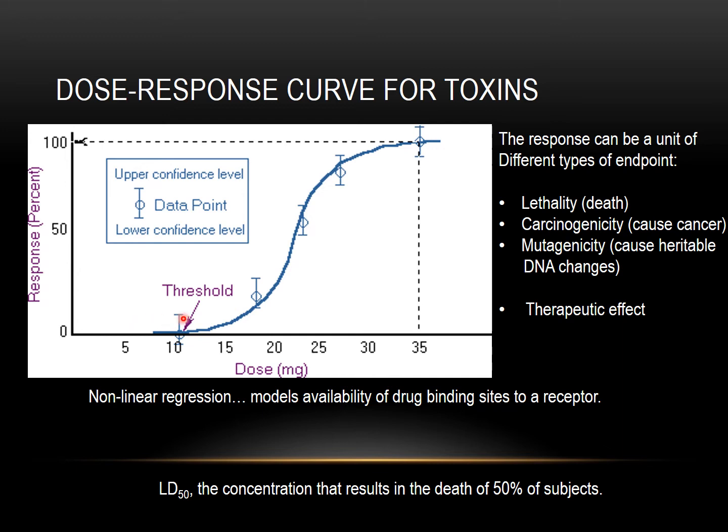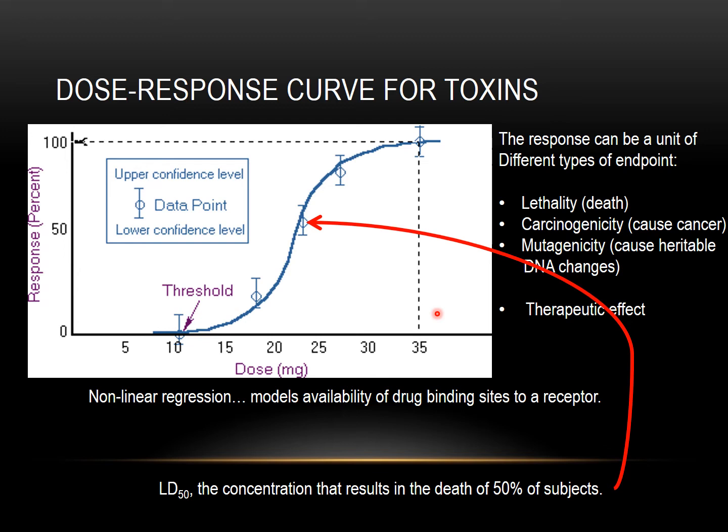And as we move up the line, we start seeing that more and more individuals from our test population are starting to exhibit symptoms or exhibit the response, to the point here in our example where at 35 milligrams, at the end of our experiment, 100% of the organisms in our population are displaying symptoms or showing the response that we are testing. If we're looking at the toxicity of a substance, we would be looking at the lethality. We would say that 100% of our organisms died at a concentration of 35 milligrams.